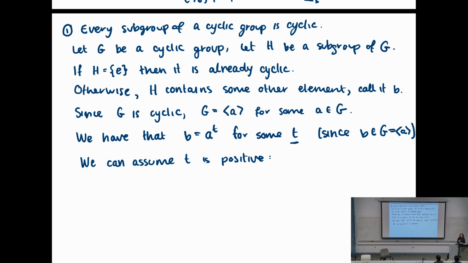And if it's negative, since H is a subgroup, we have the inverse of that element. If t is less than 0, then a to the minus t is also in H, and minus t would be greater than 0. So because of this, we'll just assume that this exponent t is positive. Okay, is everyone on board up to this point?